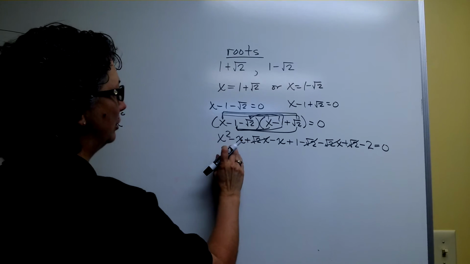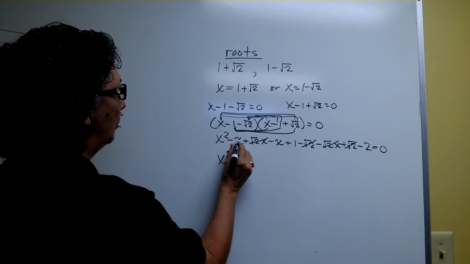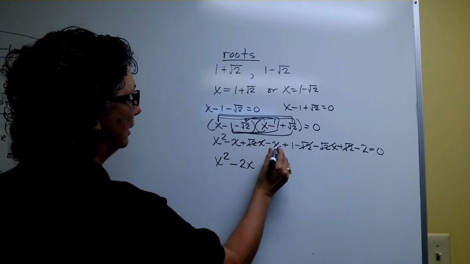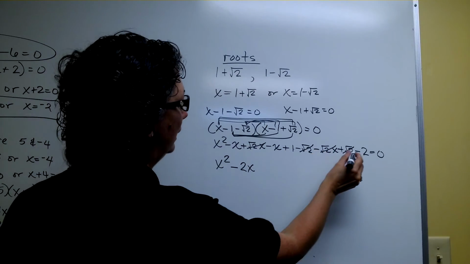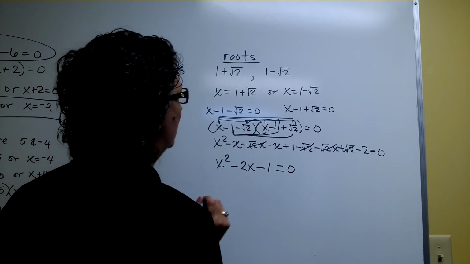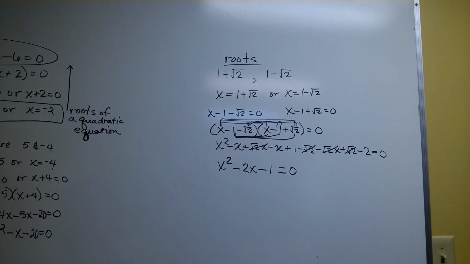All my radicals disappear, and I get x squared minus x minus x is minus 2x, plus 1 minus 2 is minus 1 equals 0. Let me look back and make sure I did that right. Yes.